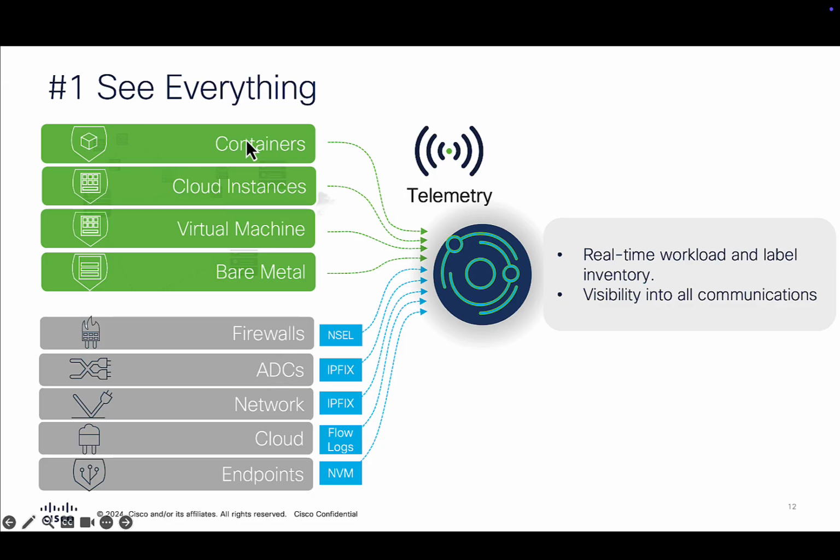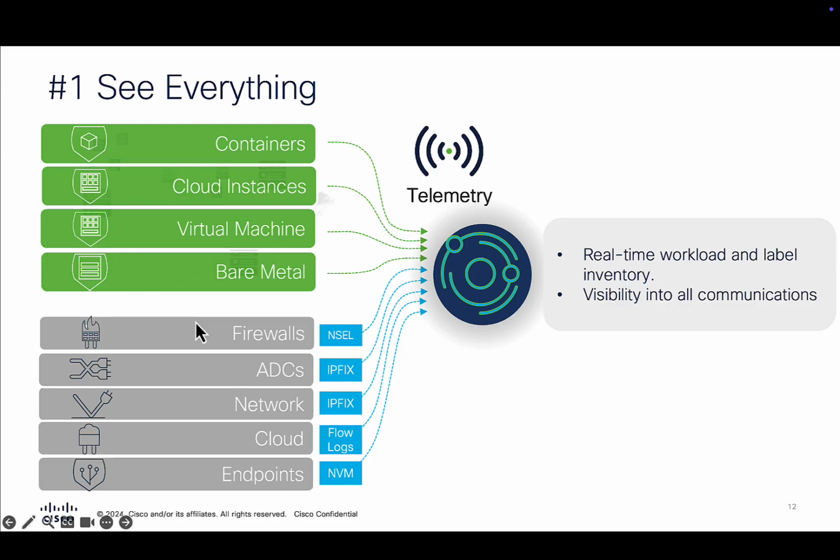With an agent-based approach, you basically deploy a Secure Workload agent on, say, your virtual machine, bare metal, cloud instance, or Kubernetes nodes, and that agent gives you the asset inventory as well as the flow visibility into what is happening in your environment. The other approach is the agentless approach.